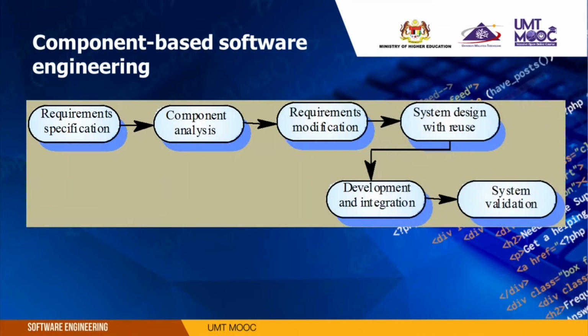They look for some similar code or design, modify and incorporate them into the new system. Generally, the reuse-based model consists of 2 unique stages, which are the component analysis stage and the system design with reuse stage, while other stages such as requirements specification and validation are comparable with other software processes.